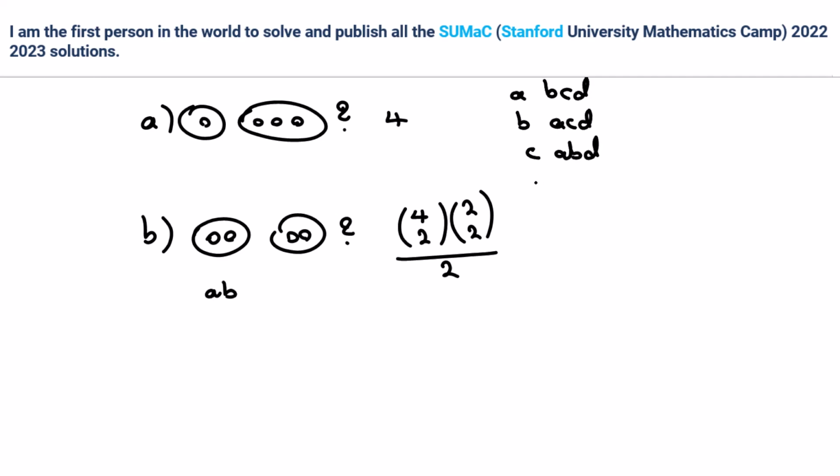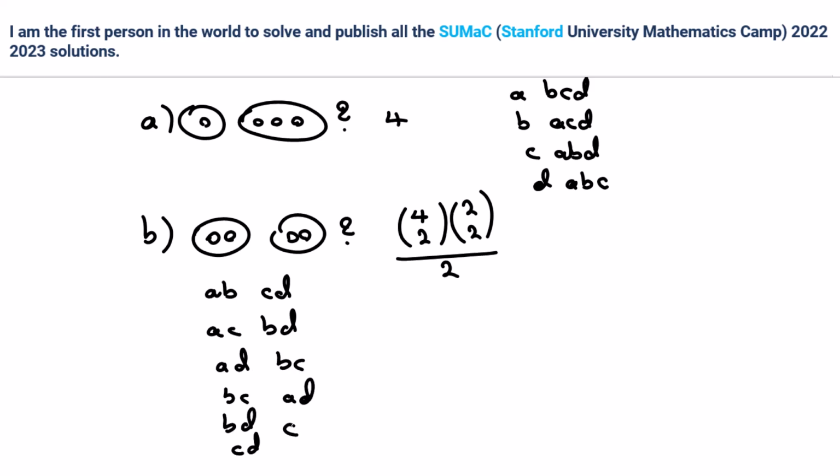Because the groups have the same number of students, we can permute them. If you say 4 choose 2: AB, AC, AD, BC, BD, CD, then AD and BC, BC and AD, BD and CA, these are the same. So it would be 3.